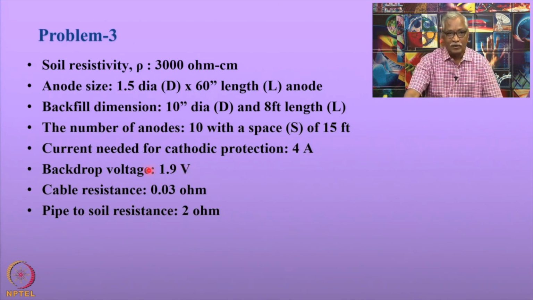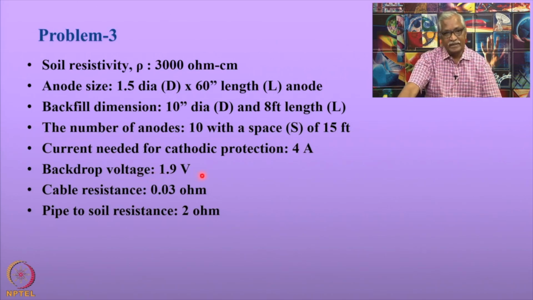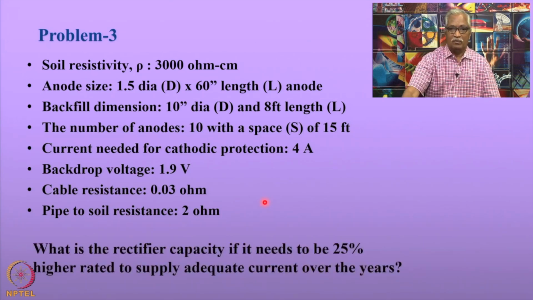And the backdrop voltage also can be measured by switching off the rectifier, and we need to know the cable resistance and pipe to soil resistance. Given these parameters, now one needs to calculate what is the rectifier capacity.